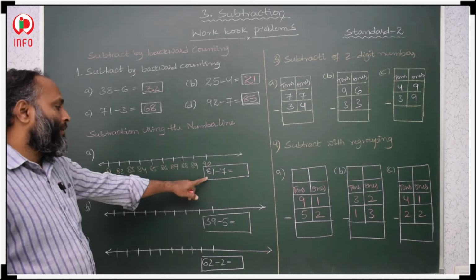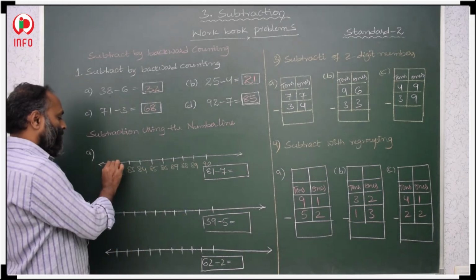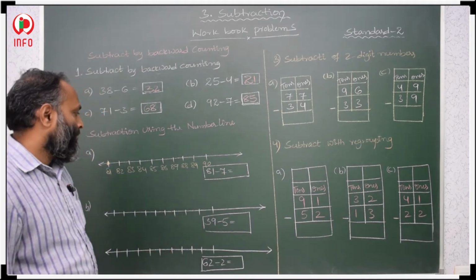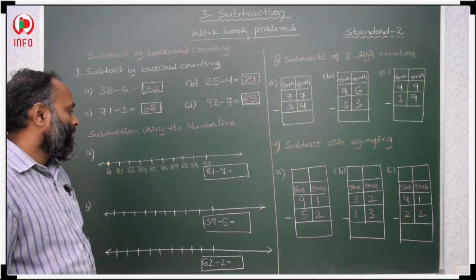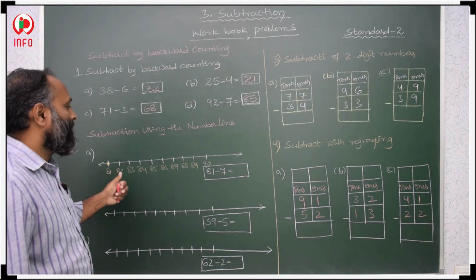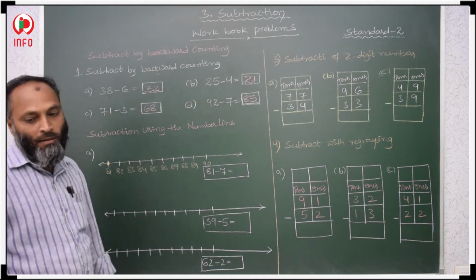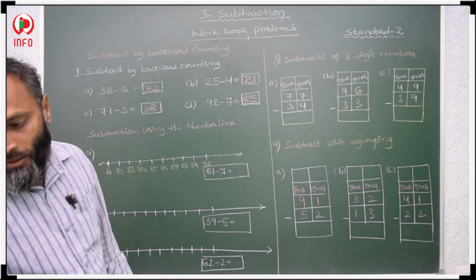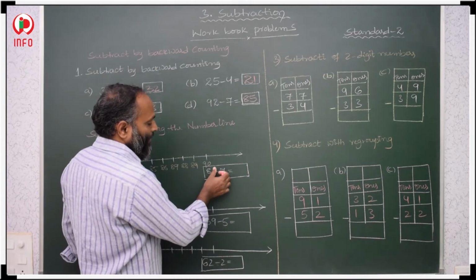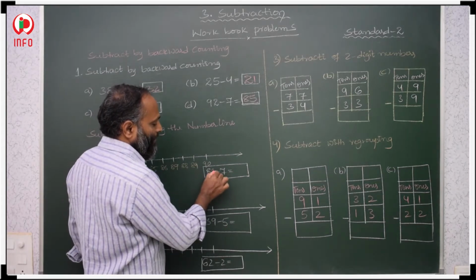The first point is on 81, and we have to do minus 7. So it is 88 minus 7 here. It is not 81, it is 88.